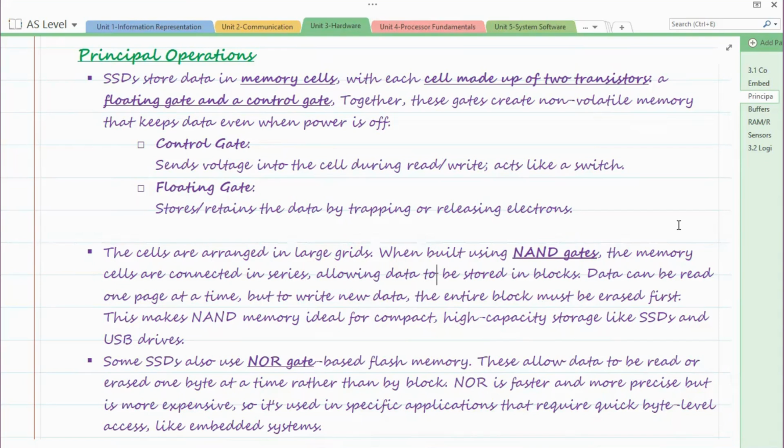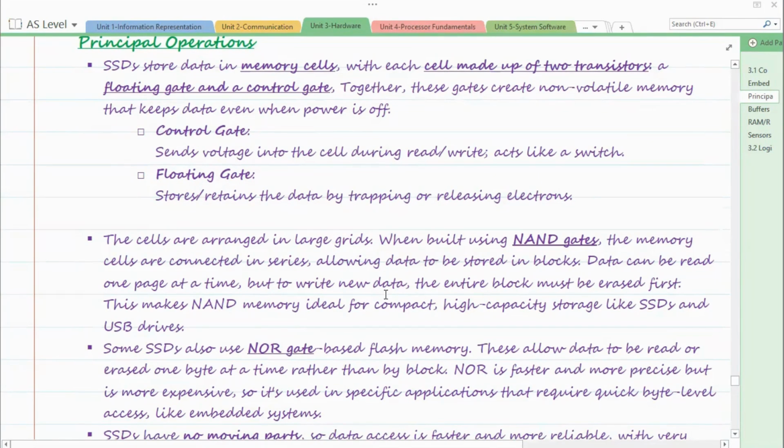What a control gate does is send voltage into the cell during read and write operations. Basically, it acts like a switch, so it allows current to pass through or it stops it. Now, the floating gate basically stores or retains the data by trapping or releasing the electrons.